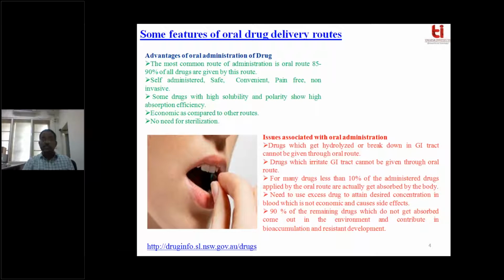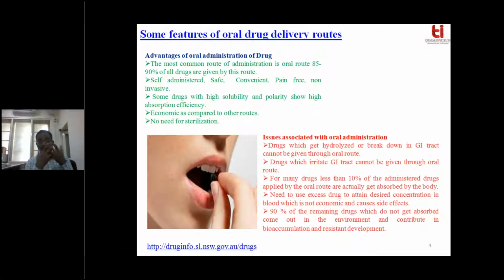Lung cancer, right? So people have made these kinds of formulations, but when it comes to the actual application, there is a problem. Your formulation might be very good, but whenever you take it through the oral route, it is going to stay inside your stomach and intestine for again that maximum 1 hour window.